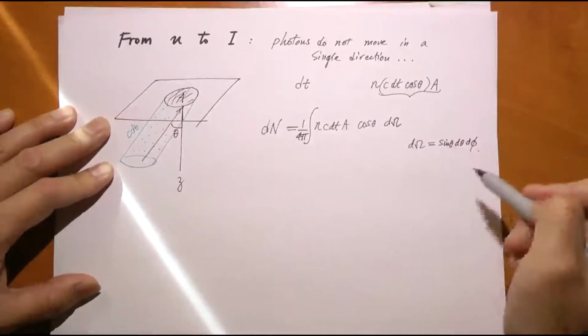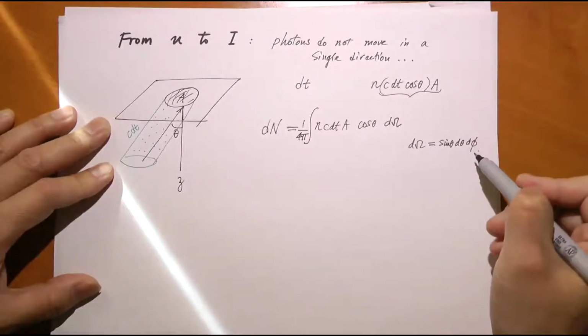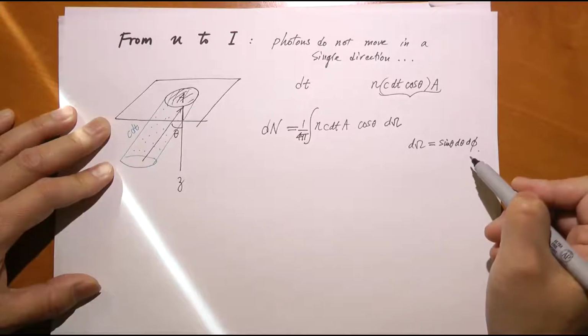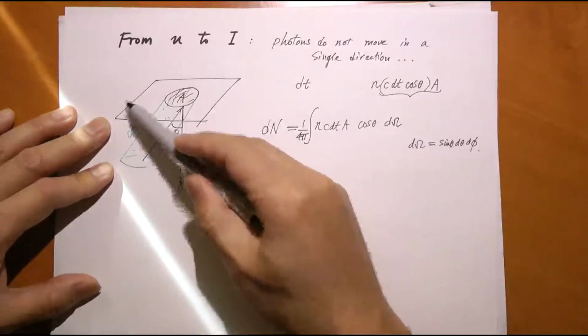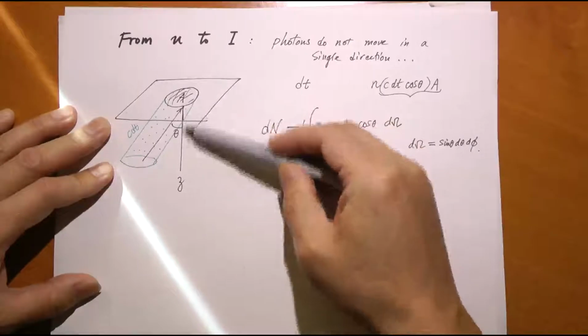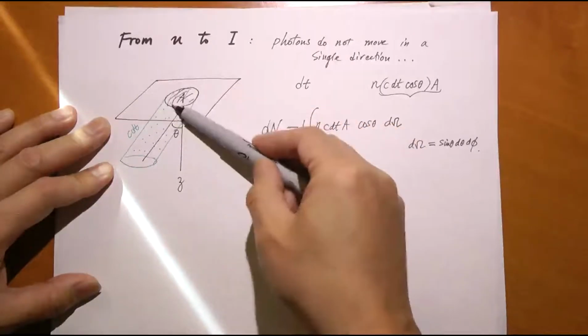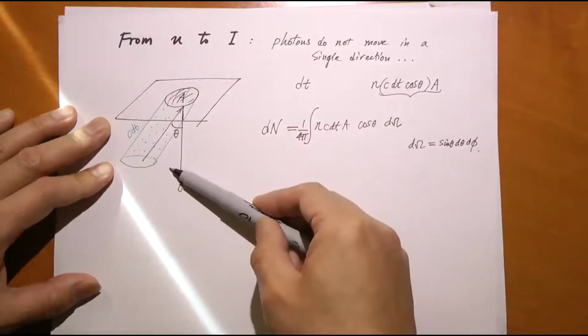Then you have to integrate over theta and phi. Phi goes from 0 to 2 pi. And theta, be careful, can only go from 0 to 90 degrees, right? Here is 0 degrees, and here is 90 degrees. You cannot go like that, because if a particle goes like that, it will never make its way out.